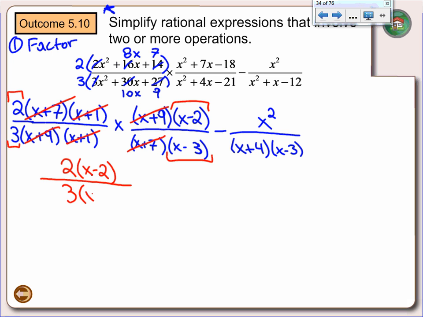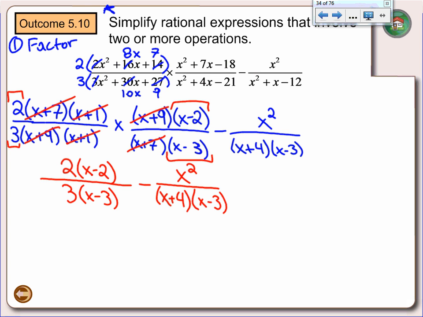You then need to subtract your other fraction. And now you notice that this question, which was once very daunting and very big, is now a simple addition or subtraction problem where we need to get our common denominator.